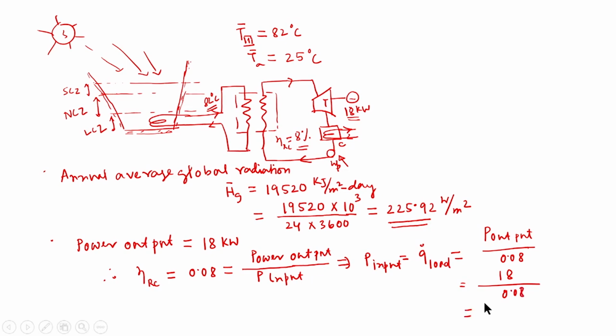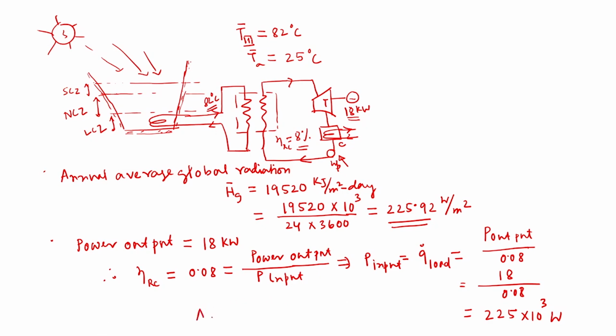So, if we substitute the value of power output to be 18 kilowatt, okay, and this is 0.08. So, this will be equal to 225 into 10 cube watt. Okay. So, this is nothing but annual average heat extraction. Okay.